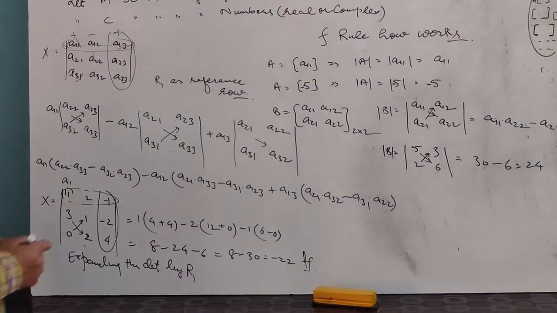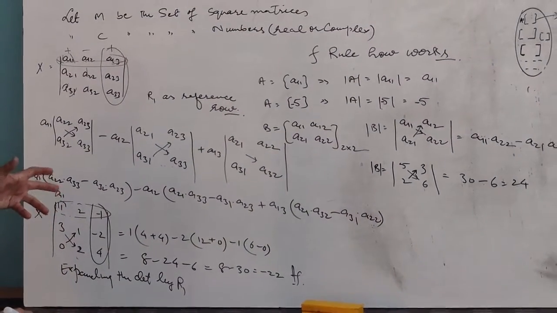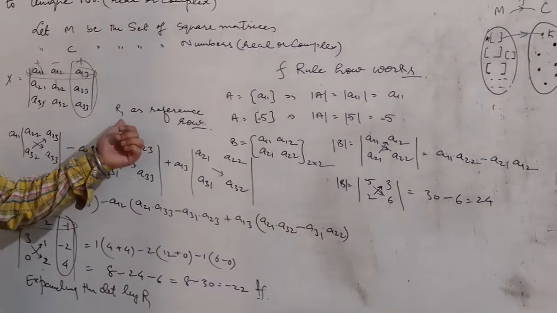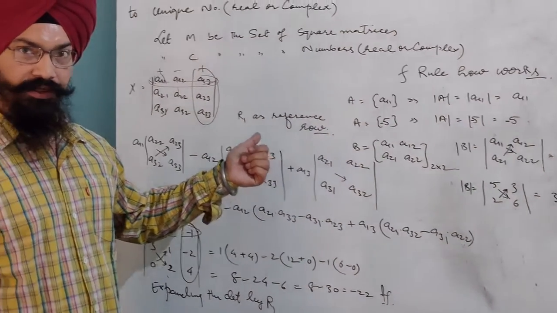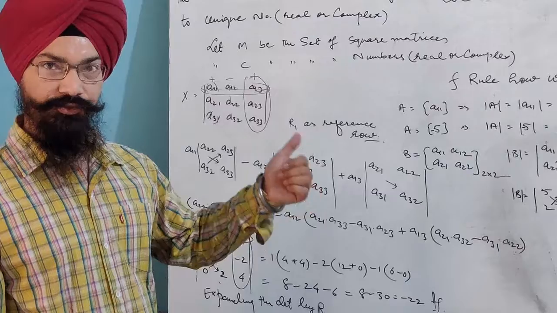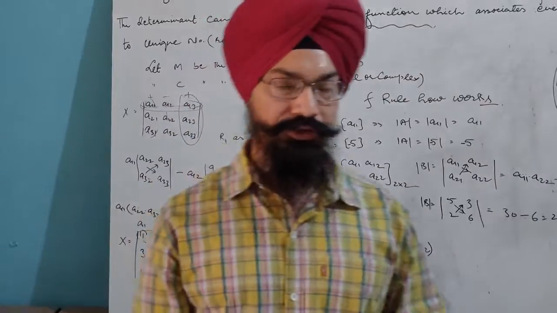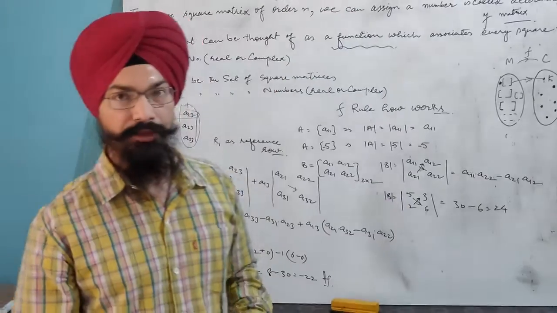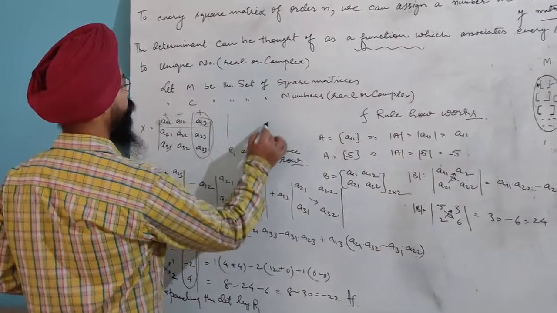Now, if you have to expand the determinant by R2, this is very important. You can take the reference as R1, R2, R3, and you can take the reference as C1, C2, C3. It means you can expand the determinant by R1, R2, R3 or C1, C2, C3, but you will have to take care of the signs like this.